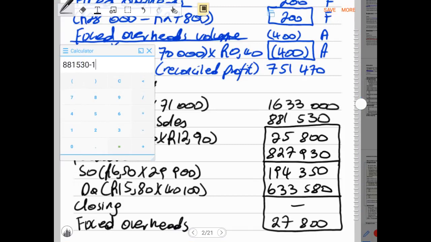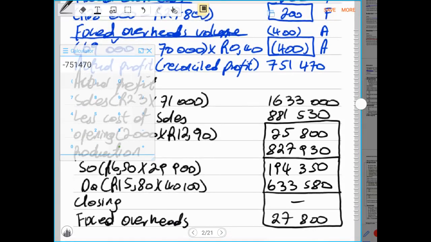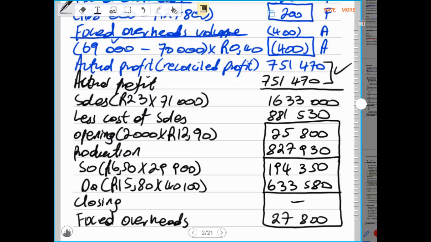Check if that is correct. 1,633,000. That gives us the profit of 751,470, and you can say these two are right. Then I'm happy when it comes to that point.